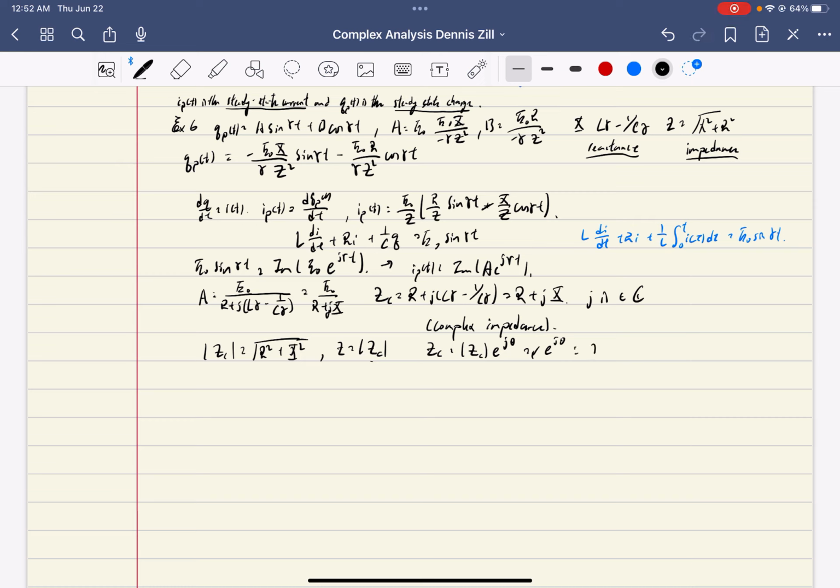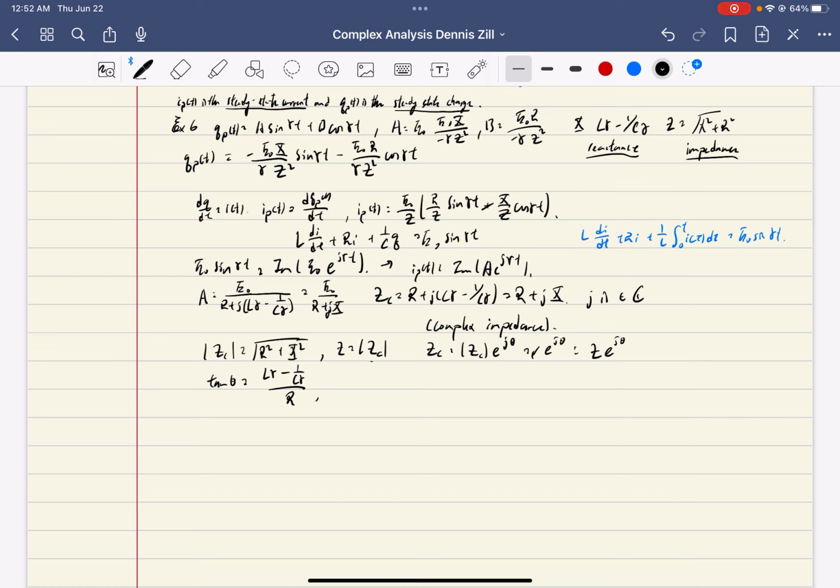So how about we write this as Z e to the i theta, right? And now we want to find the relationship of this. Well, you want to find tangent theta, or that's just the angle between it, right? So you want to solve for tangent theta. Well, that is really just X over R, right?